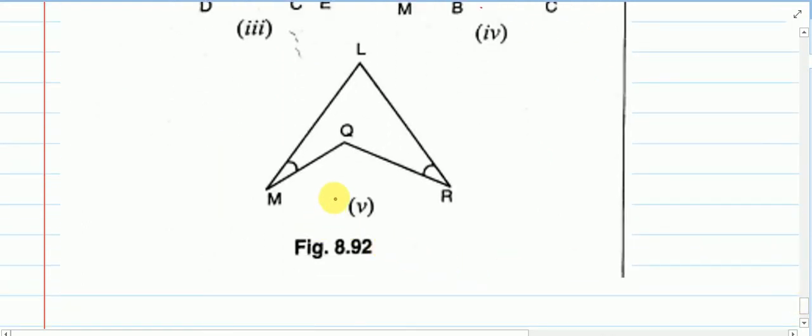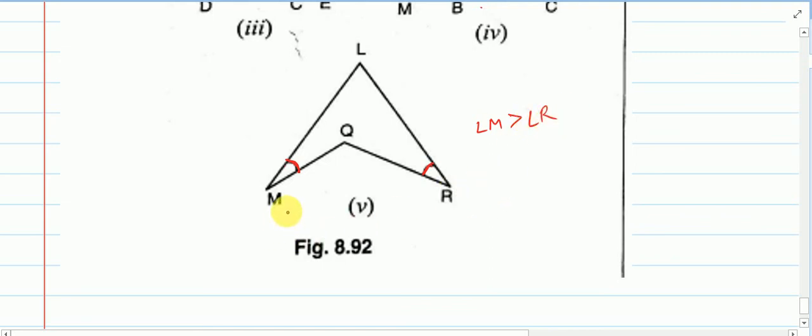Now in this case we have to decide whether MQ is bigger or QR is bigger. They are saying that this angle and this angle are equal, and they have also said that LM is greater than LR.